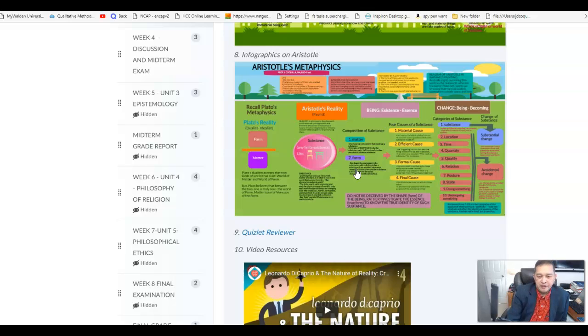Now, there is also another arrow here, that a substance also has four causes. Now, what does it mean by four causes? It has a material cause, efficient, formal, and final. Now, I will explain one by one. When you say a material cause, what's the material thing that this thing is made of? That's the question you can answer. Like the pen.